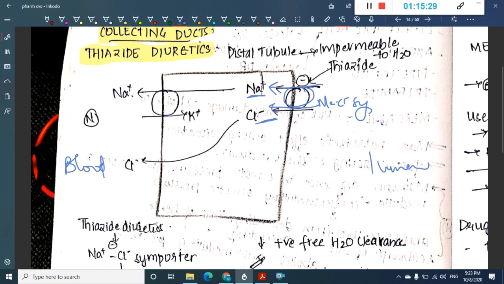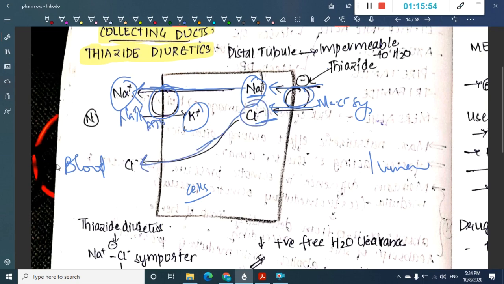First sodium and chloride get absorbed into the cell, and this sodium gets absorbed into the blood by crossing the basolateral membrane through the sodium and potassium antiporter, or sodium and potassium ATPase. The chloride easily enters the blood vessel through its chloride channels.